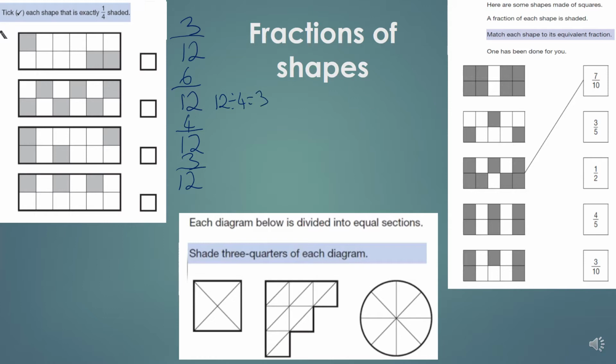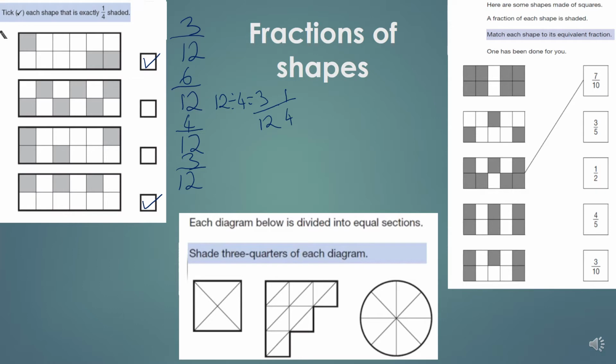So 3 over 12 is going to be 1/4. And if we simplified that, 3 goes into 3 once, 3 goes into 12 4 times. So let's have a look. The ones that have 3 over 12, which is this one and this one, are 1/4 shaded.